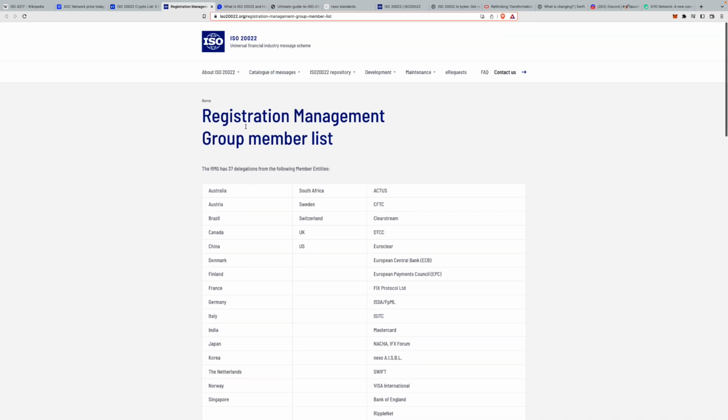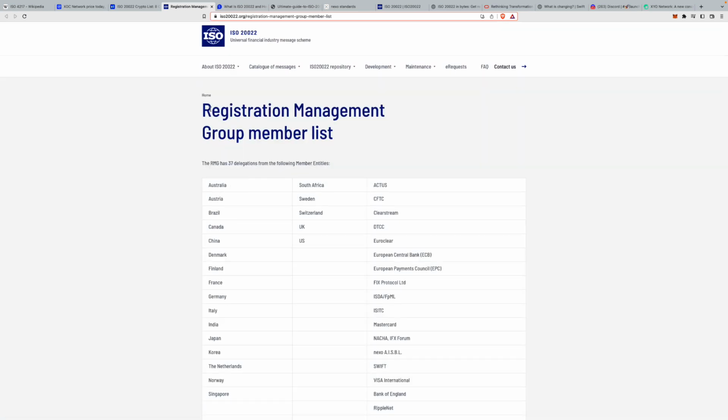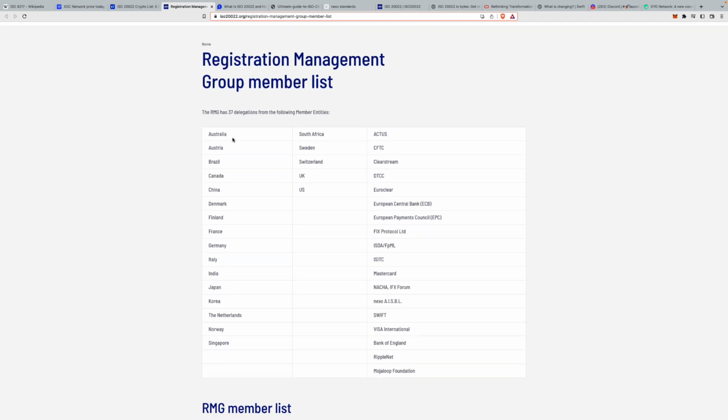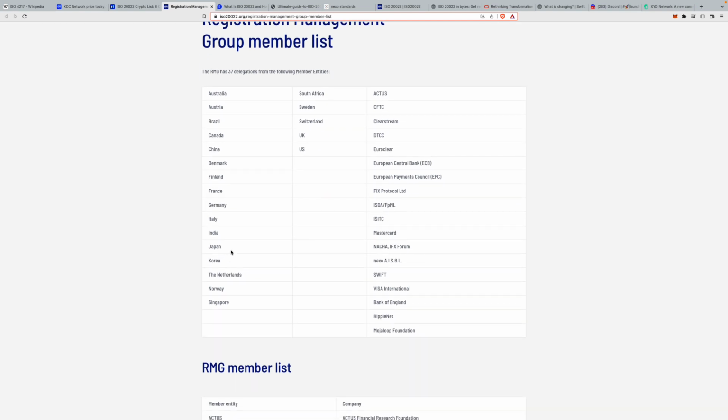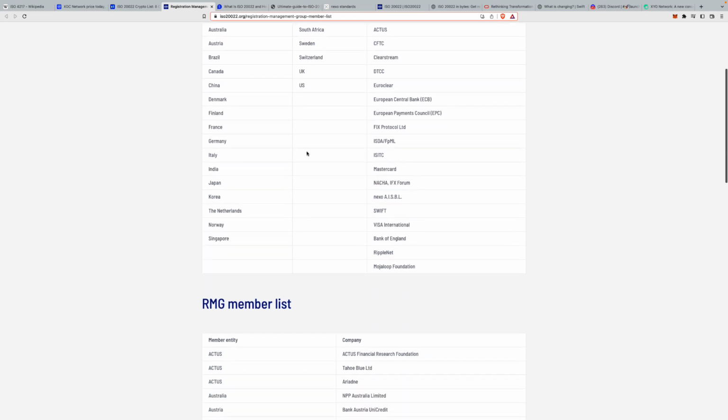Look at this list of the people on this list, the ISO 20022 registration management group member list: Australia, Austria, Brazil, Canada, China, Denmark, Finland, France, Germany, Italy, India, Japan, Korea, the Netherlands, Norway, Singapore, South Africa, Sweden, Switzerland, UK, US, right?